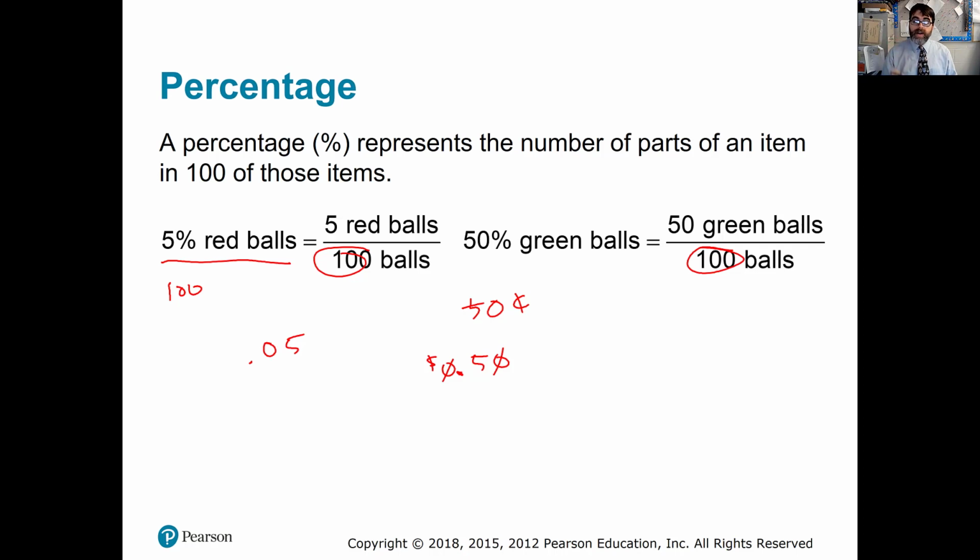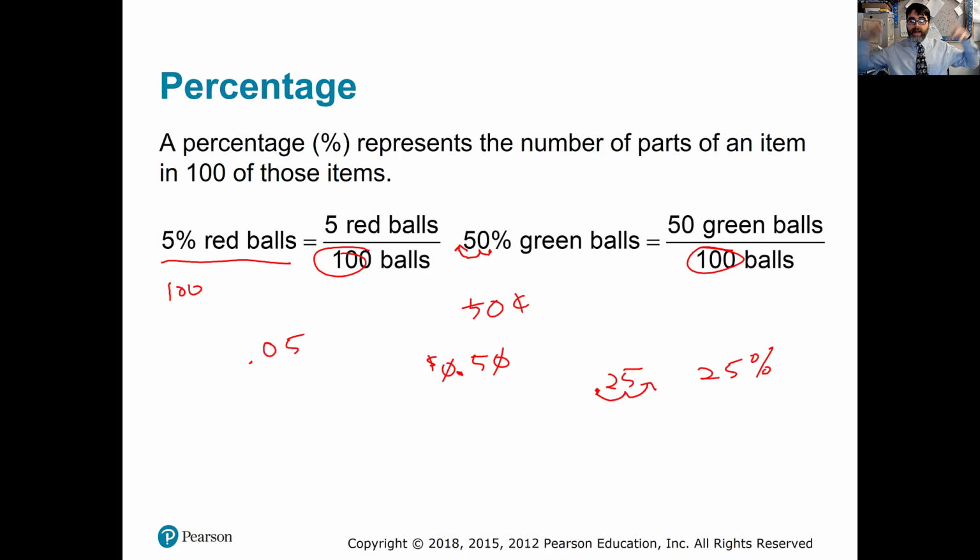A lot of times, teachers will instead tell you, well, you find the decimal and you move the decimal this way when you're turning a percent into a number. And when you have a number like, let's say, 25 cents that you want to turn into a percentage, then you move the decimal the opposite way. And what I find is that students forget which way to send the decimal. If you think of percent as per 100, as it actually is, then you're dividing by 100.